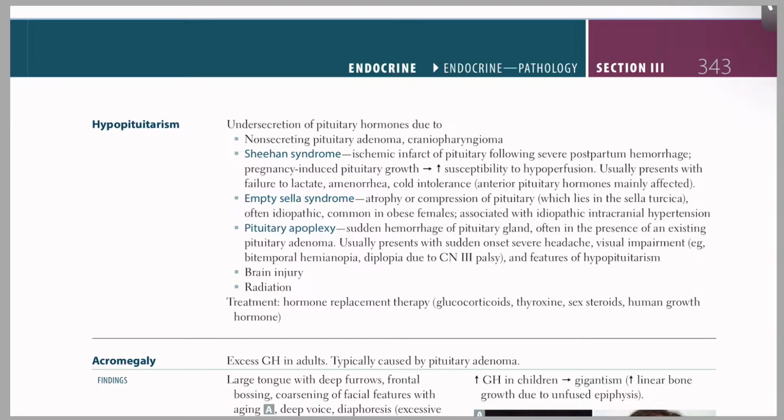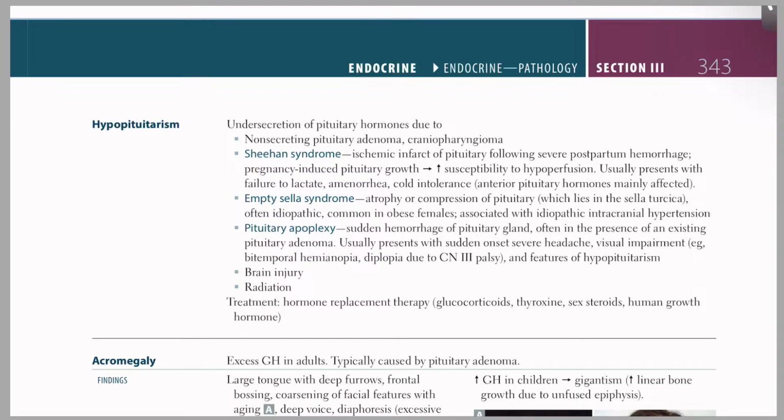Usually presents with sudden onset severe headache, visual impairment, that is bitemporal hemianopia, diplopia due to cranial nerve 3 palsy, features of hypopituitarism. Other causes: brain injury, radiation.